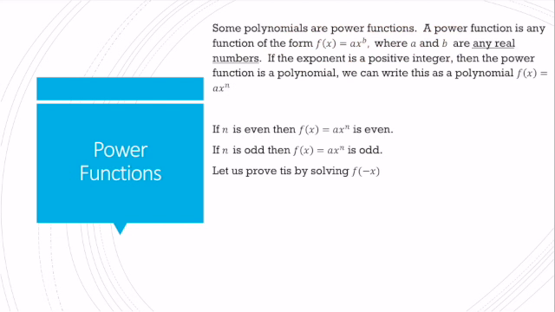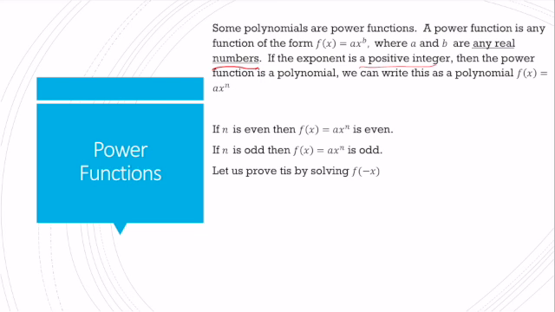Some polynomials are power functions, okay? And a power function is any function of the form a x to the b, where a and b are any real numbers, okay, so they just have to be real numbers on the number line, and our exponent is a positive integer, okay? And we write these as f of x equals a x to the n.